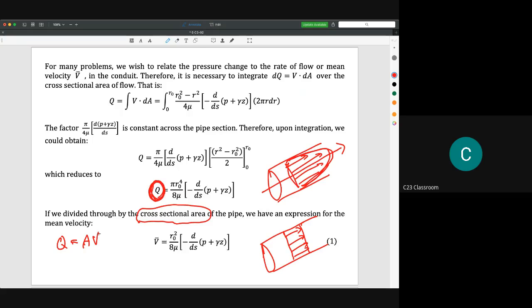So we divide by A to get the value of V, and this V is now called the mean velocity, the average velocity of the flow inside this pipe. Please make sure that you follow the steps, because we need to stick to the real value of the flow rate.